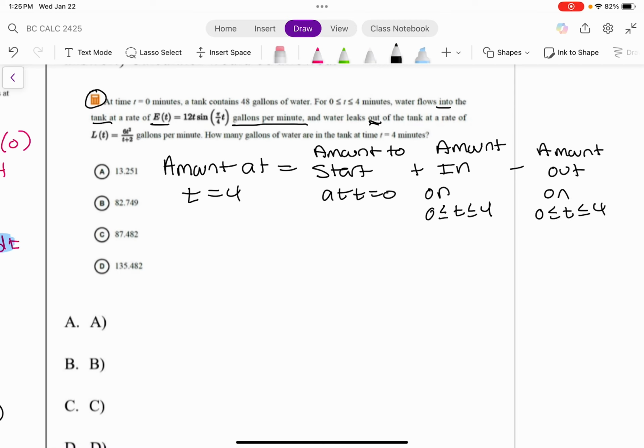Sometimes it's useful just to write it out in words, and then you just turn it into math notation.